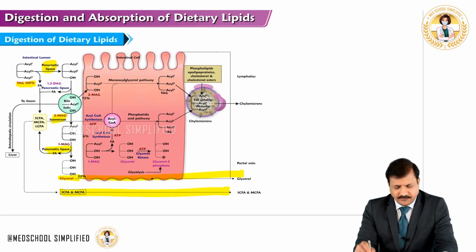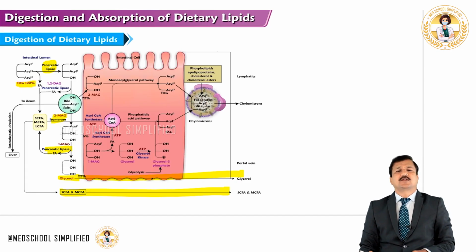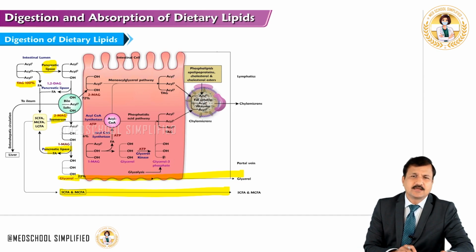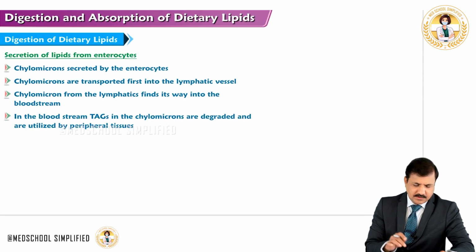Once they are re-esterified, they will be loaded onto ApoB48 along with vitamin A, D, K, and that makes chylomicron, and chylomicron is secreted into lymphatics, and that's how lipids are carried to the systemic circulation from the intestine. So that is what I have written here in the figure.